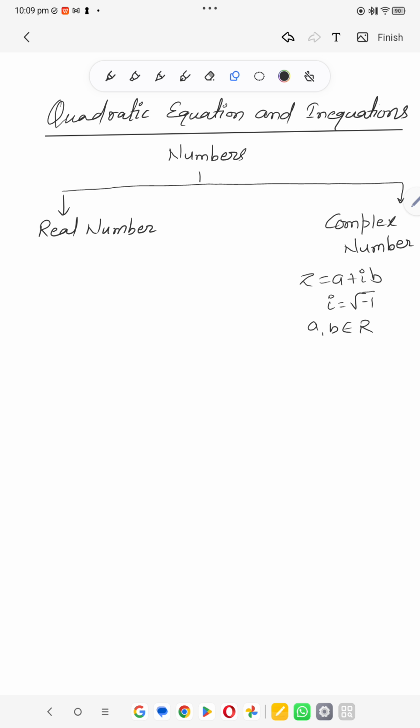Now we denote the real number by R, complex number by Z. Now dividing the real number, we will get first one the rational number, and second one the irrational number.